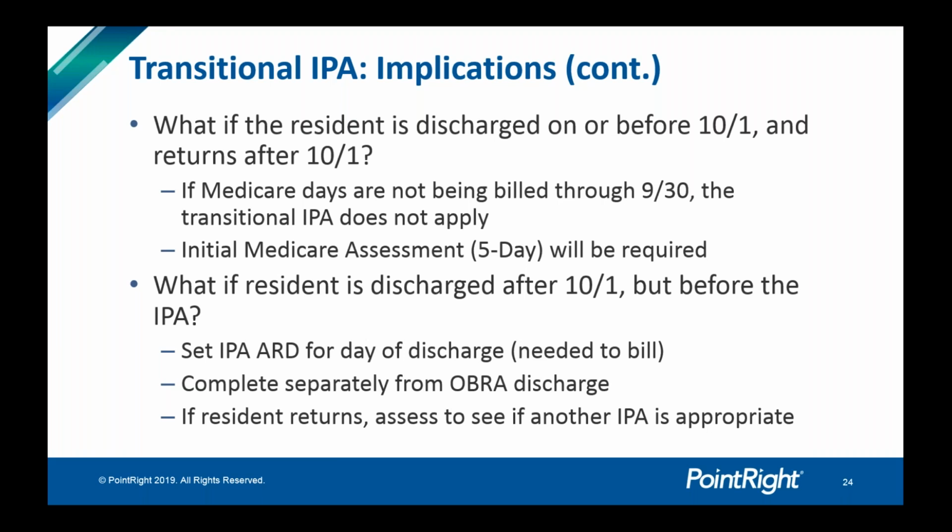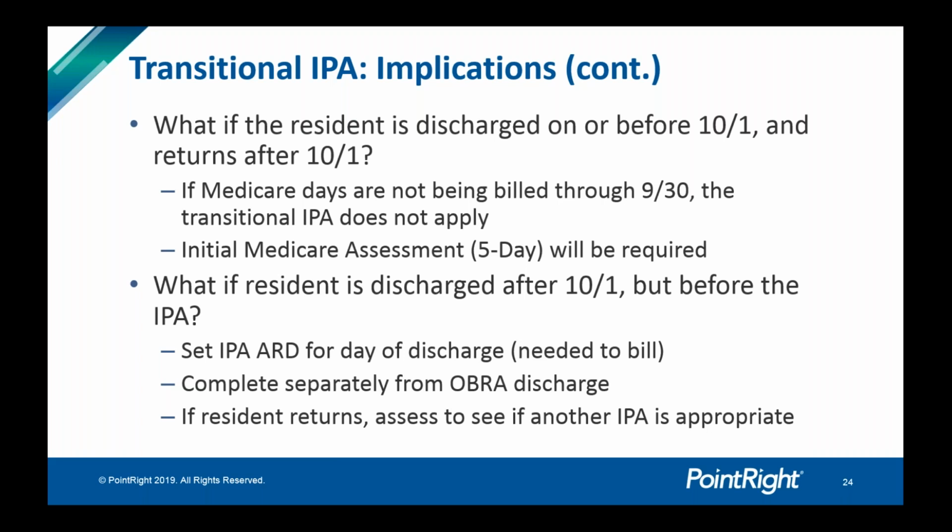So if that resident is not on a Medicare paid day as of September 30th, then the transitional IPA does not apply because they're not actively on your Medicare caseload from the 30th to the 1st. So when they do come back, then you will need to do a new initial Medicare assessment, the 5-day, in order to set their reimbursement going forward.